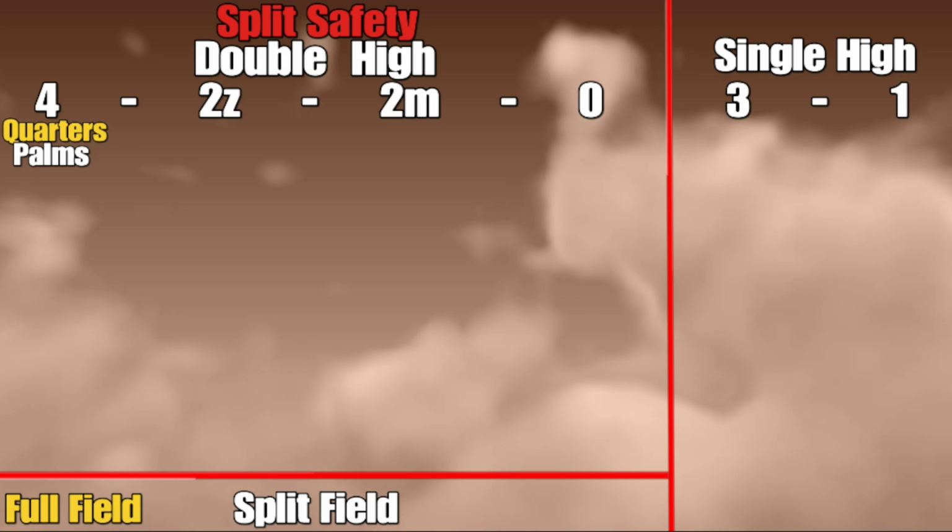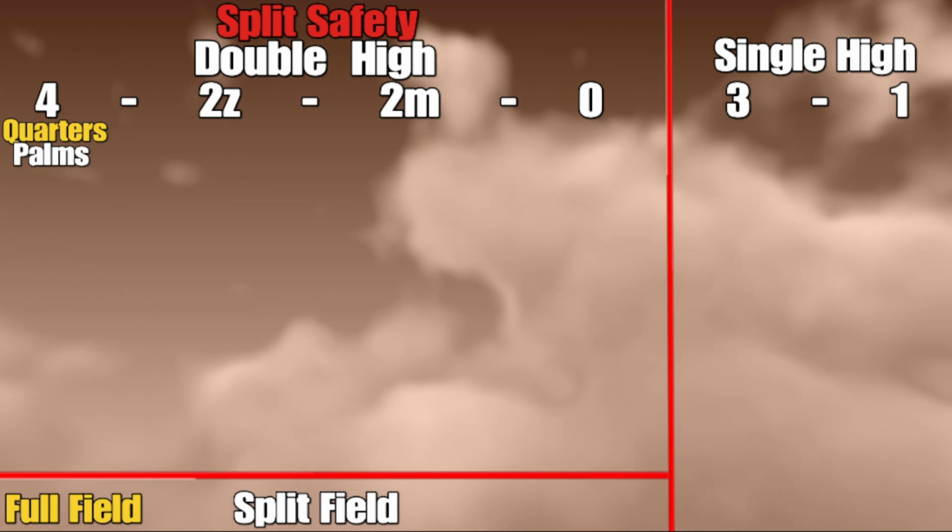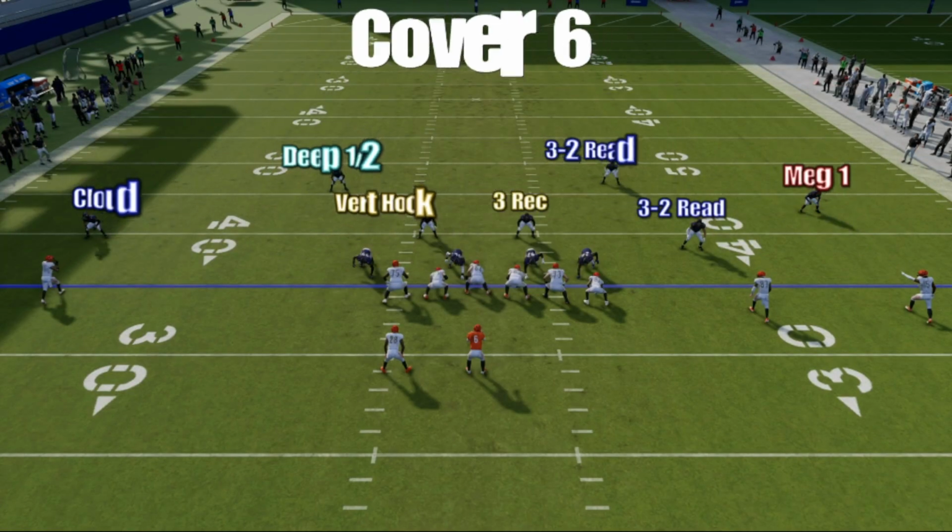All right. So let's move on to the next guy. Next guy is cover 6, and this is exactly what I'm talking about. Because you know palms, when you play cover 6, it plays exactly the same as palms on the front side. We still get that same bubble, 3/2 over here, Meg. But what we've done on the backside is, now we're playing cover 2.